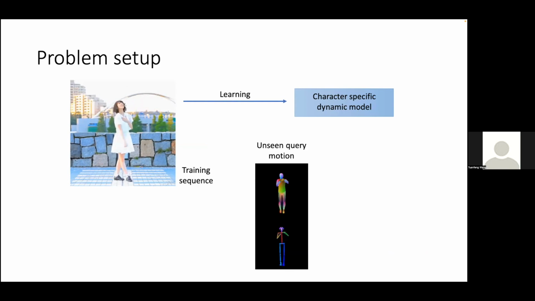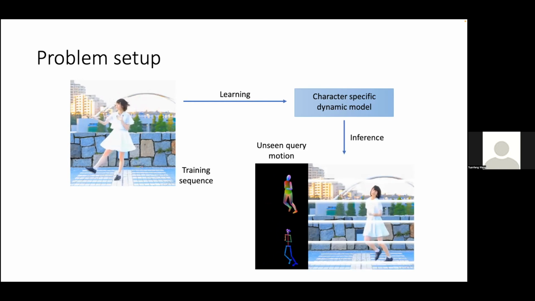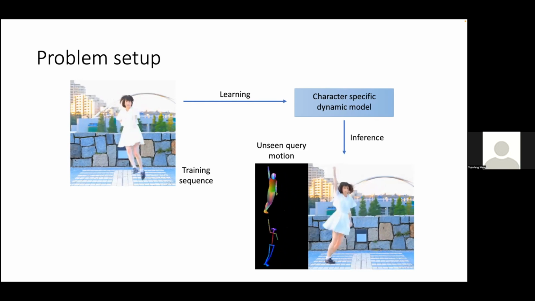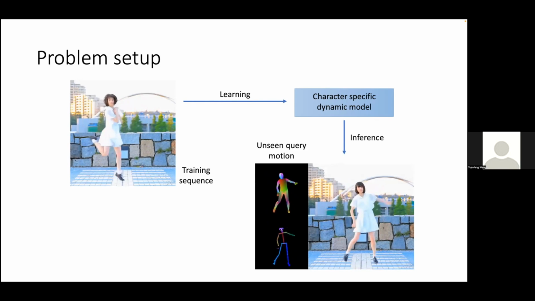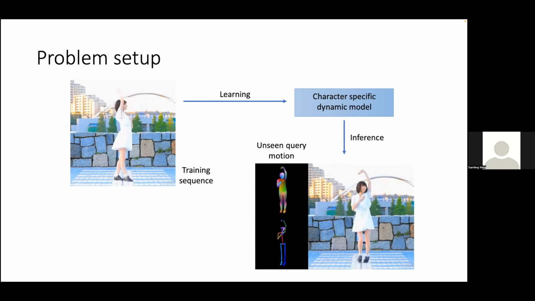During runtime, you will be provided an unseen motion sequence. We can discuss the representation later, but for now you can see we can use the 2D skeleton as well as the dense UV coordinates to represent the body movement. And based on the movement, you will infer the character appearance.